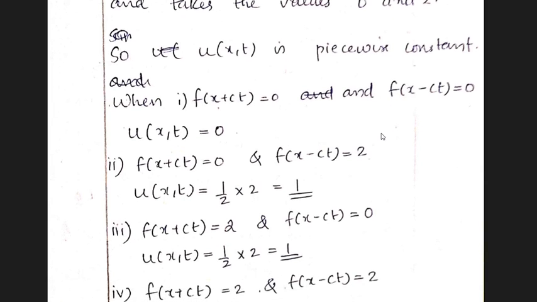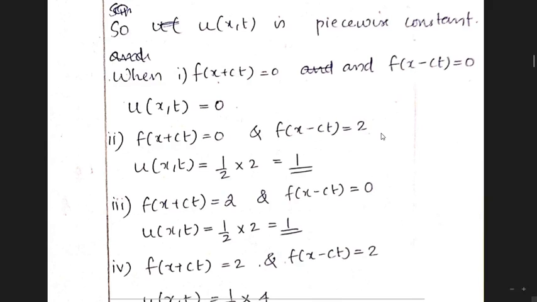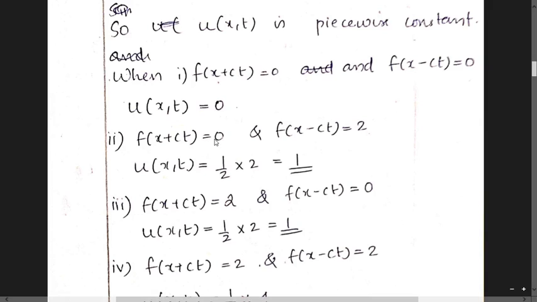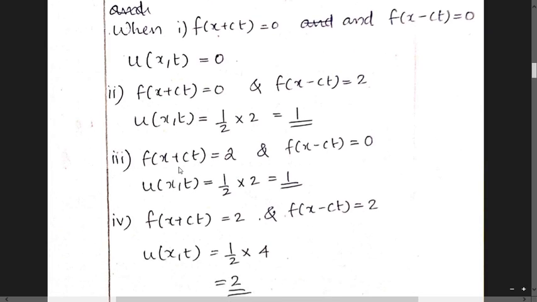When f(x+ct) and f(x-ct) are both equal to 0, u(x,t) is equal to 0. This value is obtained just by substituting the f(x+ct) and f(x-ct) values in the equation. Next, when f(x+ct) is equal to 0 and f(x-ct) is equal to 2, u(x,t) is equal to 1, and when f(x+ct) is equal to 2 and f(x-ct) is equal to 0, u(x,t) is equal to 1.